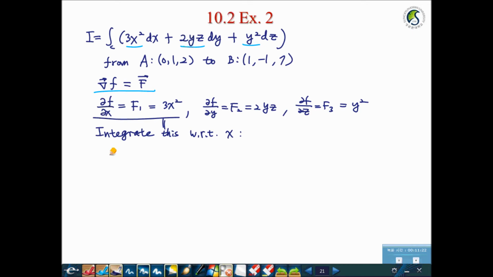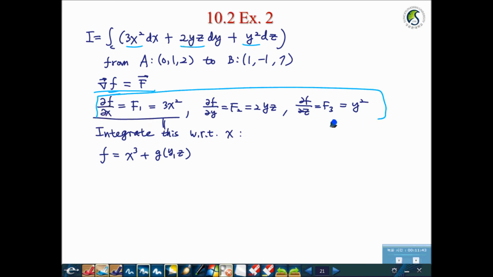Then f will be x cubed plus g of y comma z. If you partially differentiate with respect to x, you get this back. So you're actually getting f out of these three relationships, by partially differentiating and partially integrating.